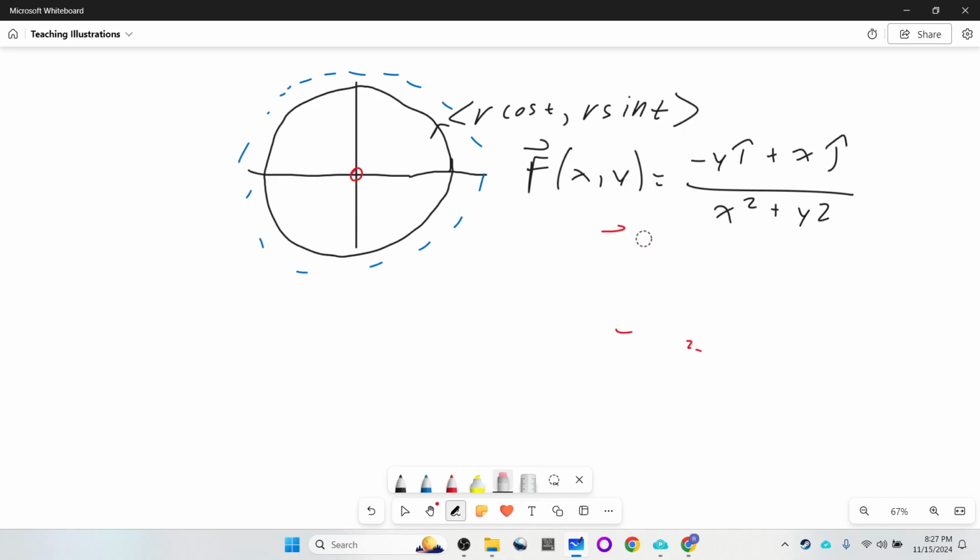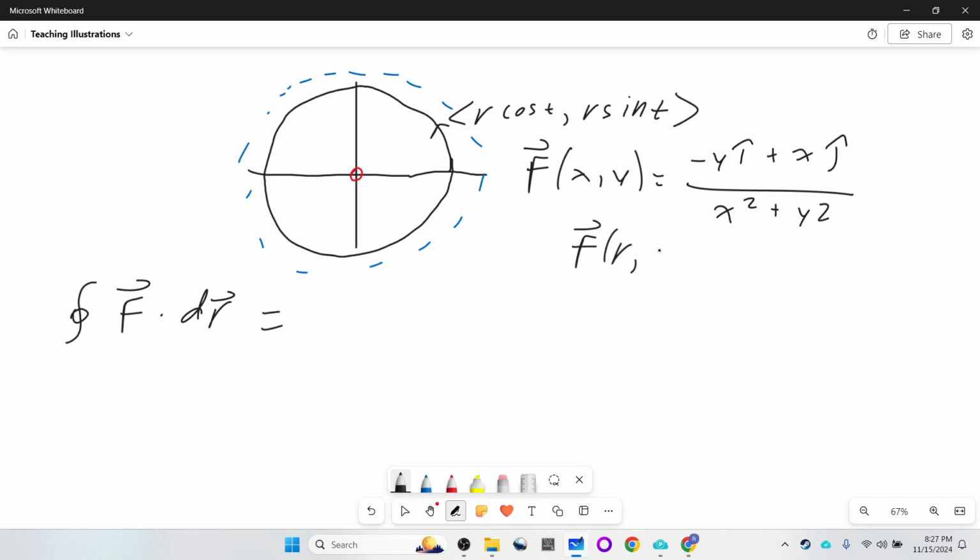So let's figure out what this integral would be. Well, if we did it the old-fashioned way, we'd say the integral of F dot dr would be, all right, so F would be, let's see, how do we do this? Let's change this to polar form.